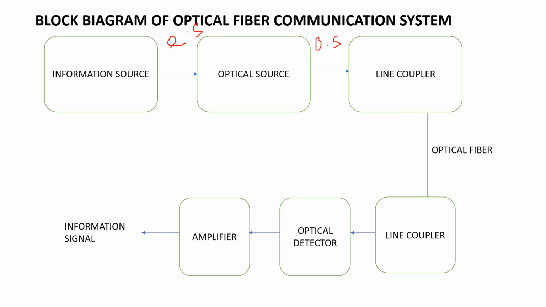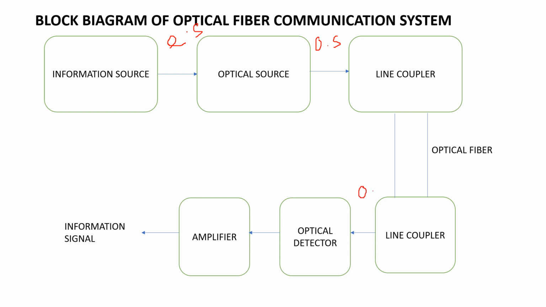This optical source and the optical fiber are connected using proper couplers so that the entire light generated by the optical source enters the optical fiber. The couplers at the other end collect the light from the optical fiber.